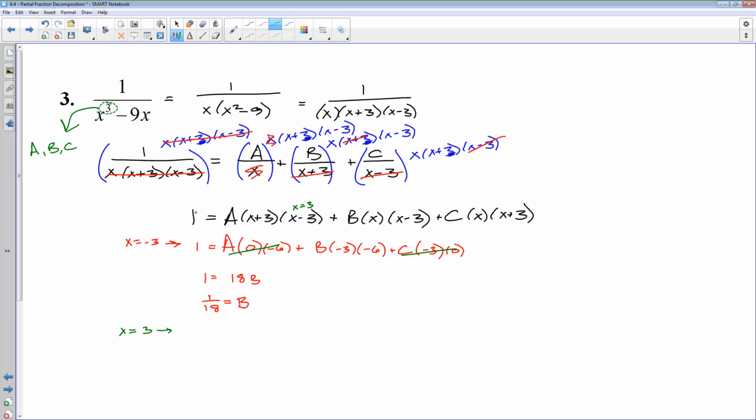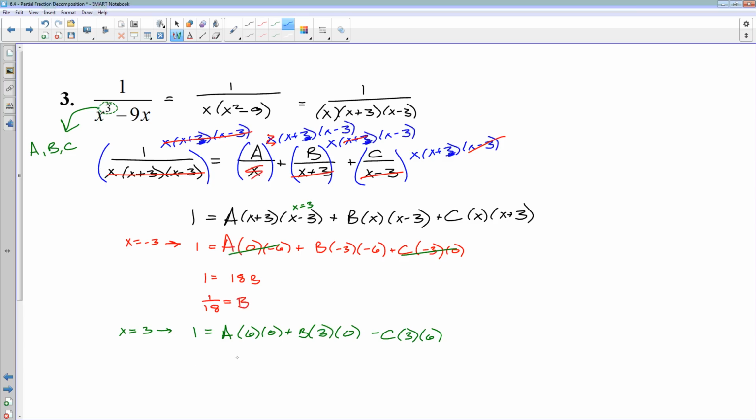And so I'll go back up here. I have 1 equals a times 3 plus 3 is 6. 3 minus 3 is 0. Plus b times 3 for x, and 3 minus 3 is 0, minus c times 3 for x, and 3 plus 3 is 6.